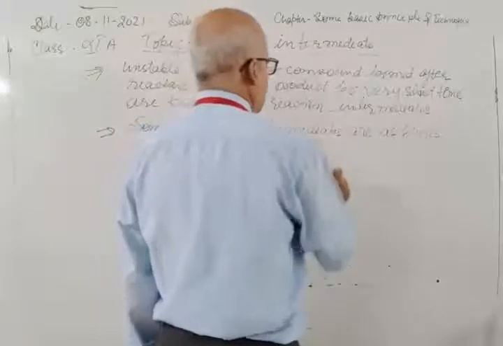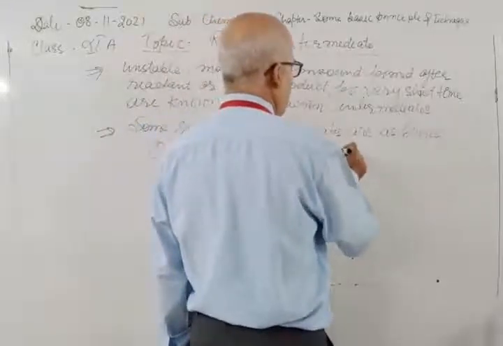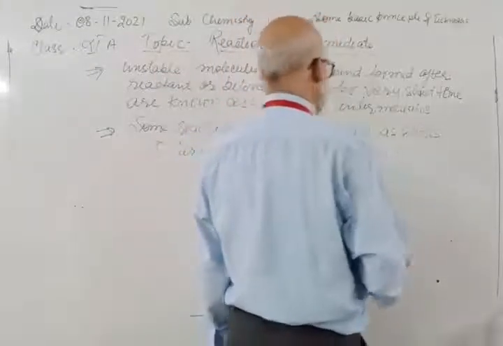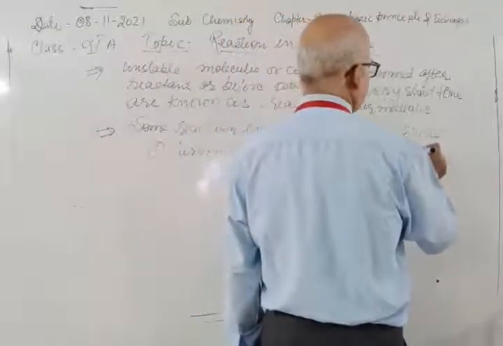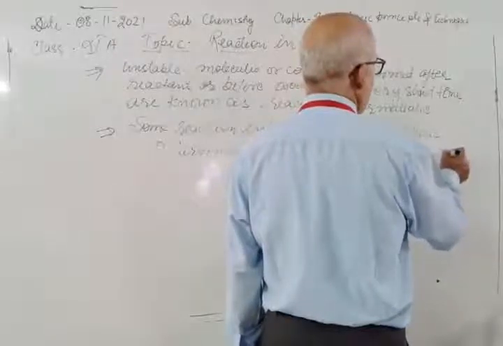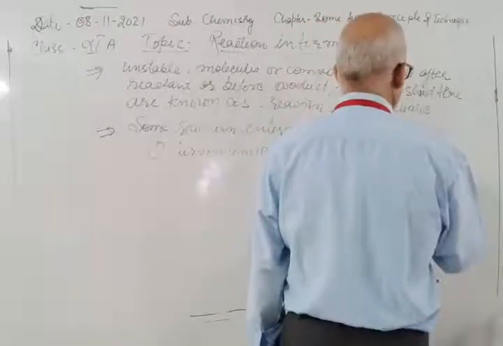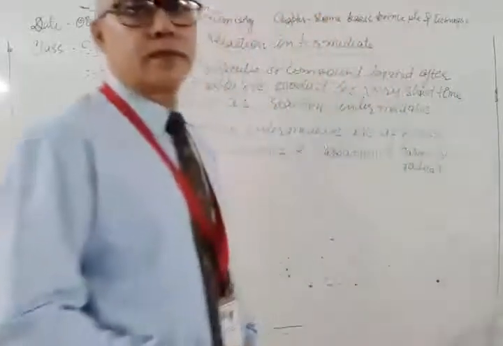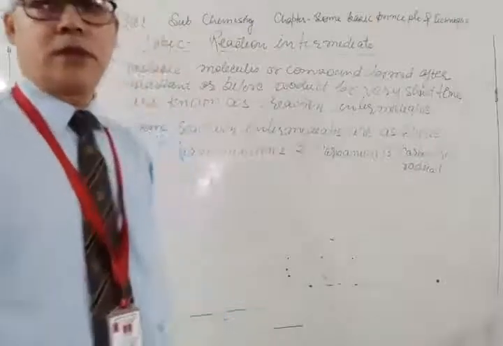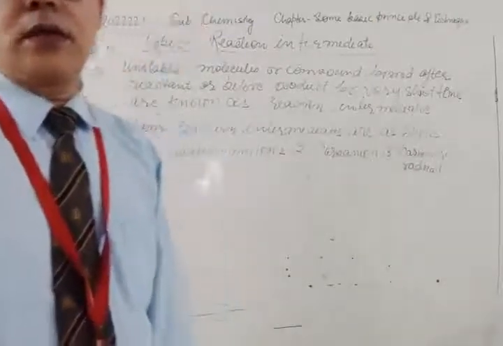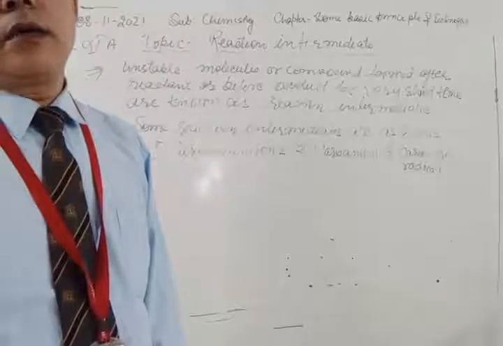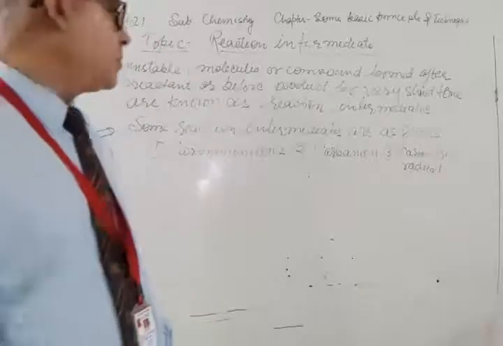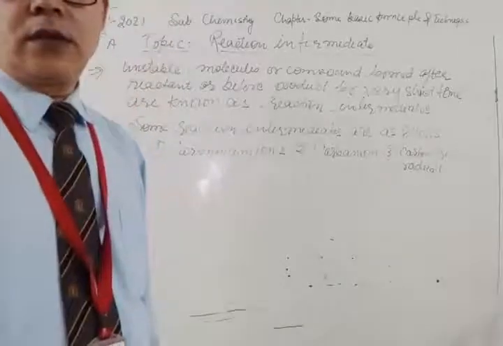Second, carbanion. And third is carbon free radical. These are the reaction intermediates. Now we will see each one by one.